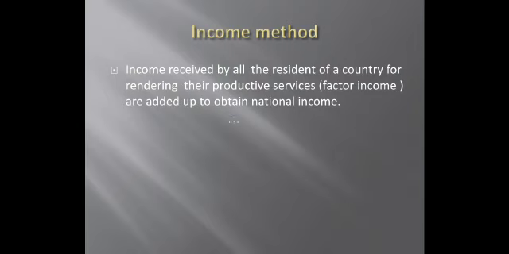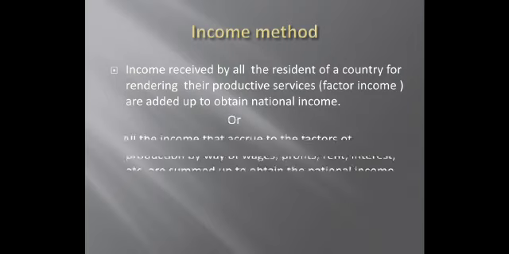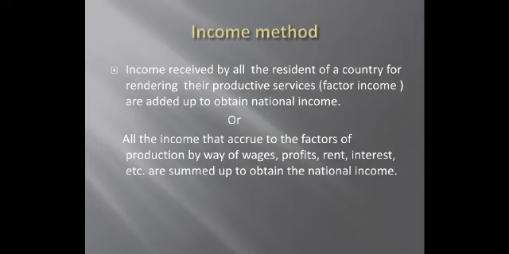In other words, all the income that accrues to the factors of production by way of wages, profit, rent, interest, etc. are summed up to obtain the national income. So this is the definition of national income.